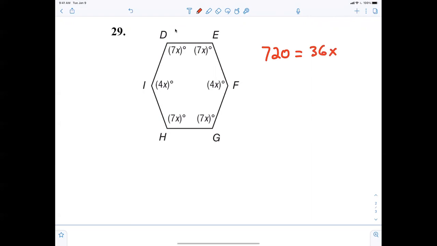I don't believe her, but somebody else double check that, please. So x equals 20. Now I just have to go around and put down 140 degrees, 140 degrees, 80 degrees, 140 degrees.